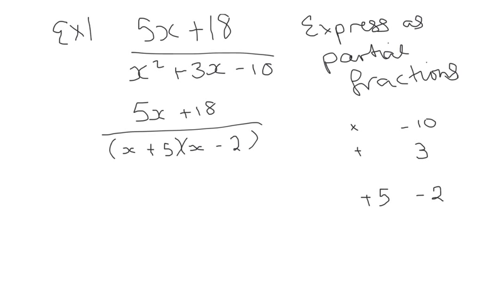Break it into its partial fractions. A over (x + 5) and b over (x − 2). It doesn't matter which you put first, if you put x + 5 first or x − 2 first, because the end result is the same.